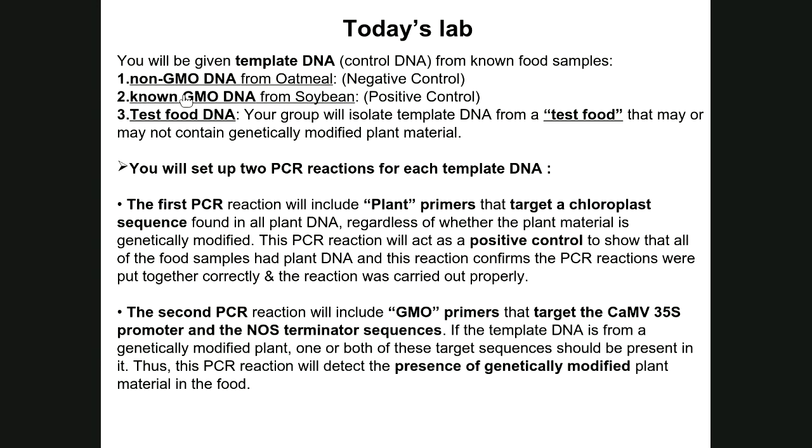The non-GMO plant DNA from oatmeal serves as a negative control, negative meaning it doesn't have any GMO DNA. The GMO plant DNA extracted from soybean has plant DNA, but it also has GMO DNA. So we use positive to say this is positive for GMO. Your test food, we don't know. That's something you're going to determine through PCR and DNA gel analysis.